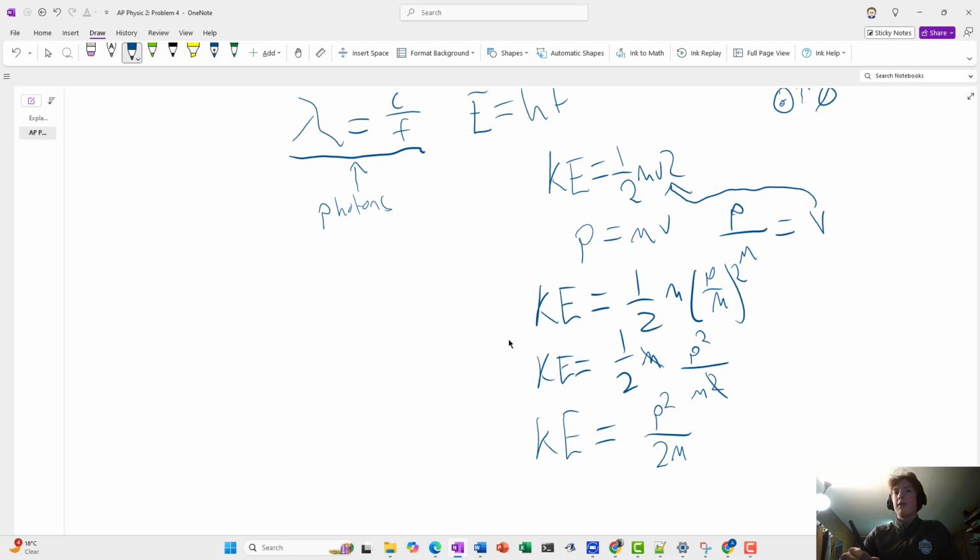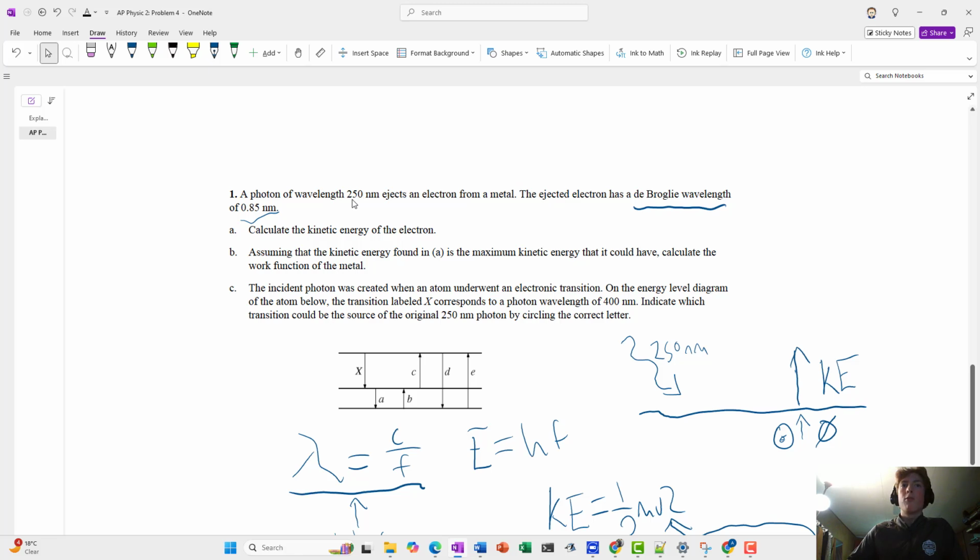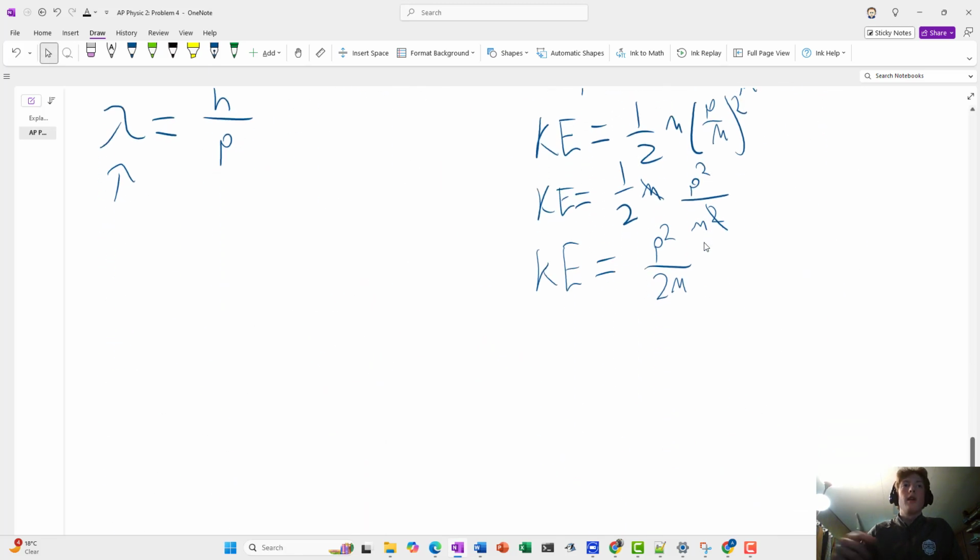To find that, we can look at our equation sheet, and we see that lambda is equal to h over p. h is Planck's constant, which is 6.626 times 10 to the negative 34th, and we know this value here. They said at the beginning of the prompt that this value is 0.85 nanometers. So we can plug that in. We'll convert this to meters to make our equations easier.